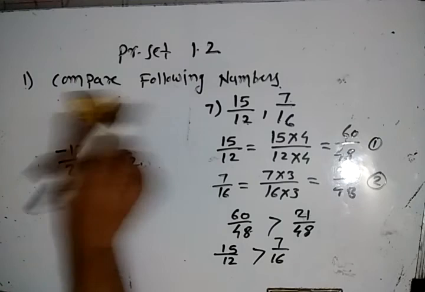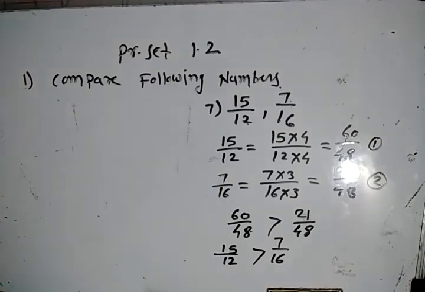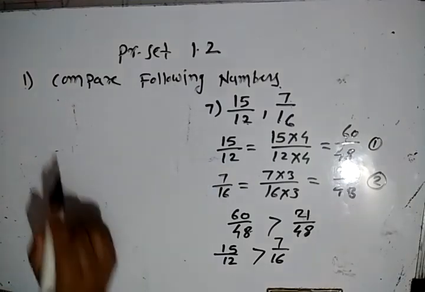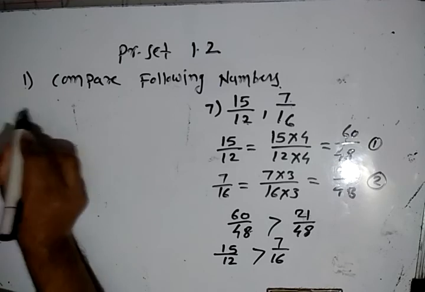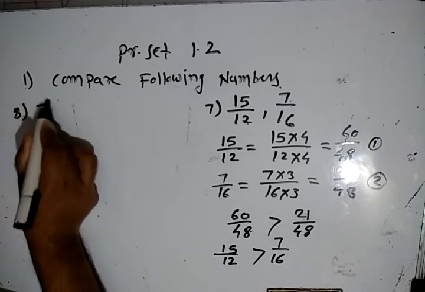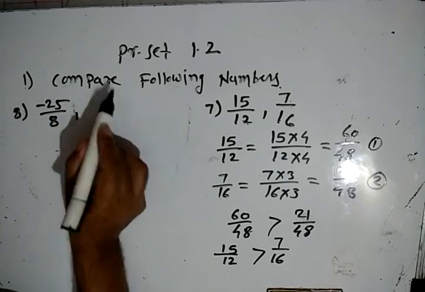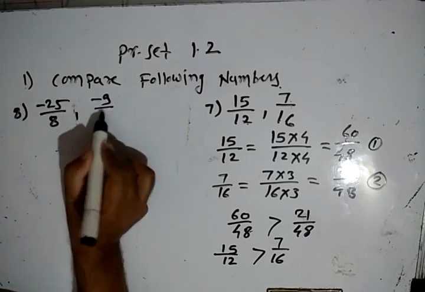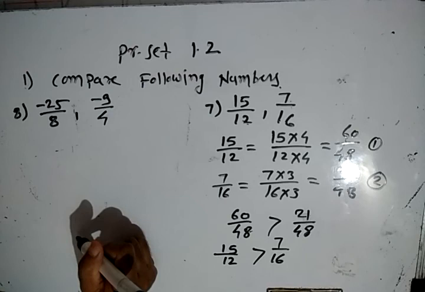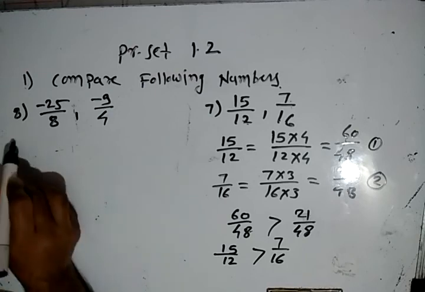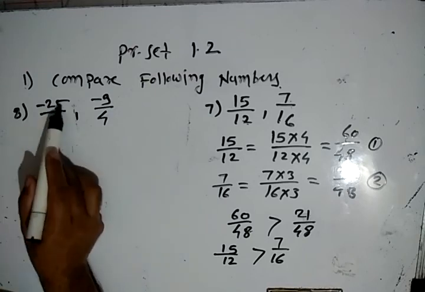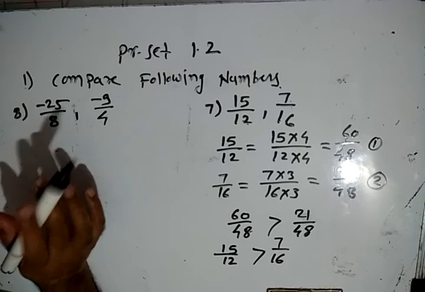Then problem number 8. Minus 25 upon 8 and minus 9 upon 4. Here we write minus 25 upon 8 as it is.